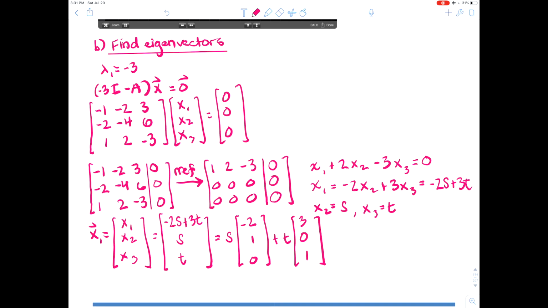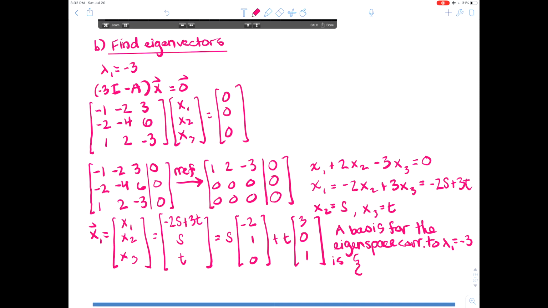And if we let s and t equal to 1, a basis for the eigenspace corresponding to lambda 1 equal to -3 is this set here.